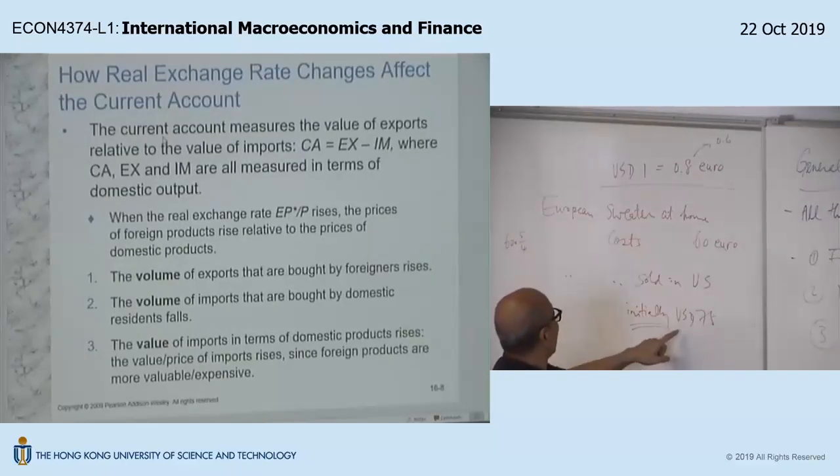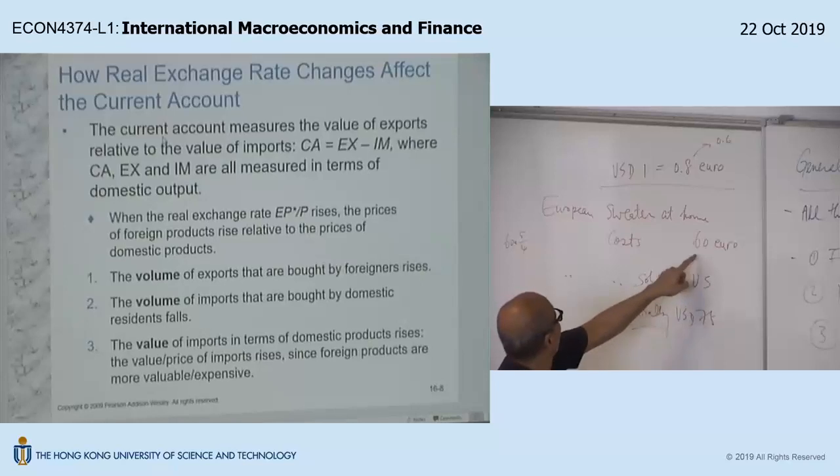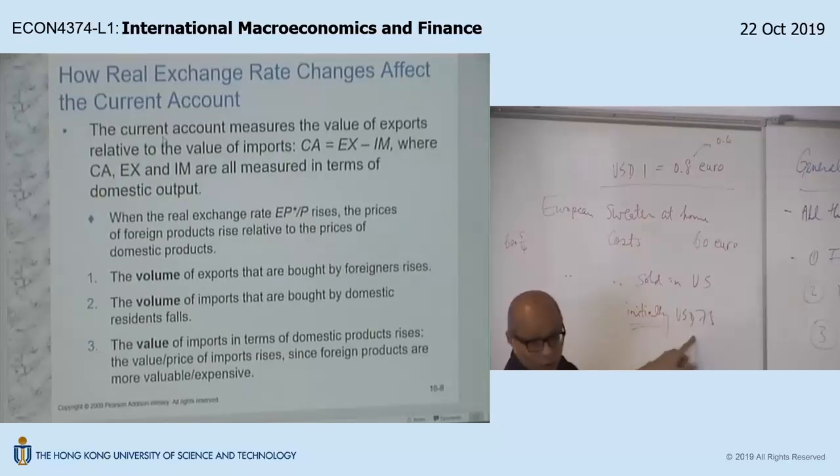Now the sweater, when sold in the U.S., becomes more expensive in US dollar terms, right? It will become 60 divided by 0.6. Divided by 0.6, it becomes 100.